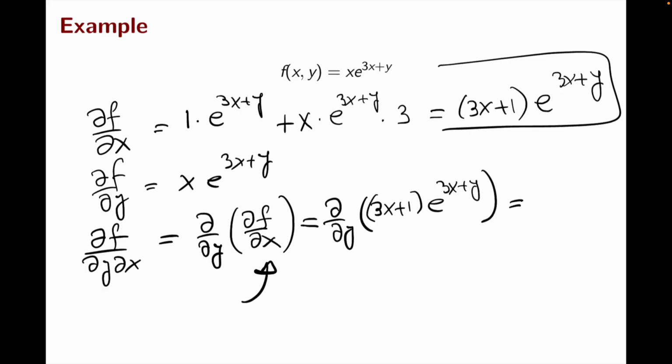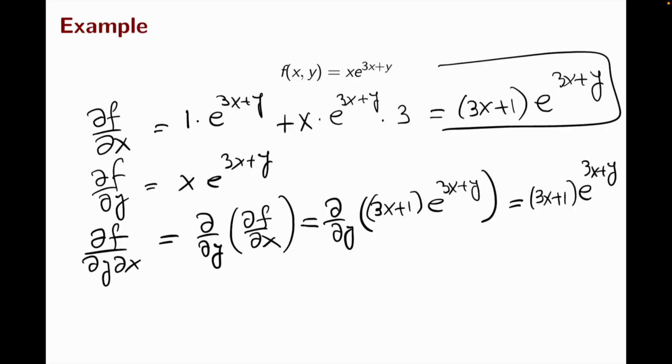And then the derivative with respect to y of this one, this is a constant now, so the constants go out: 3x plus 1, times the function e to the 3x plus y, and times 1 by the chain rule. So this is then the second derivative.